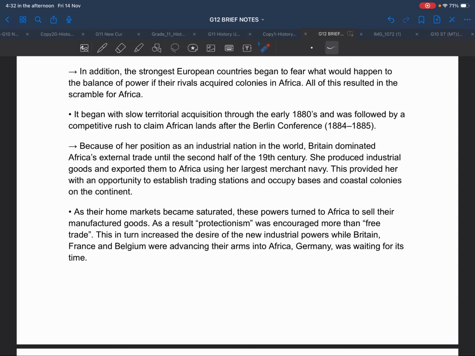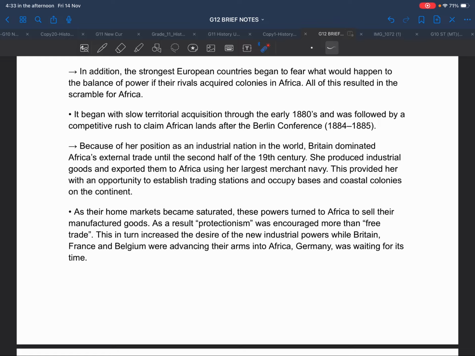So as a result, all of this resulted in the scramble for Africa. They came up with strategies for this frustration, this fear caused by competition.